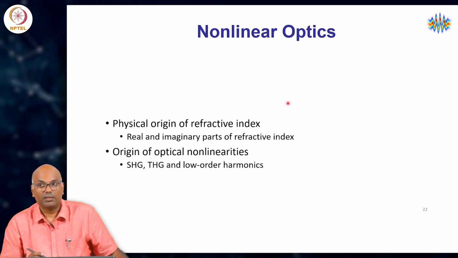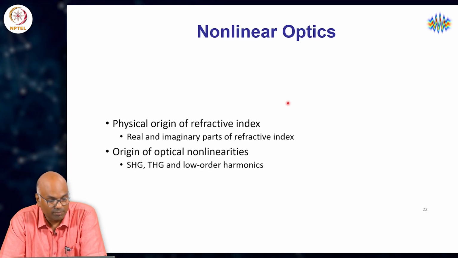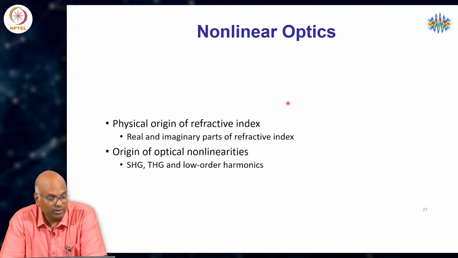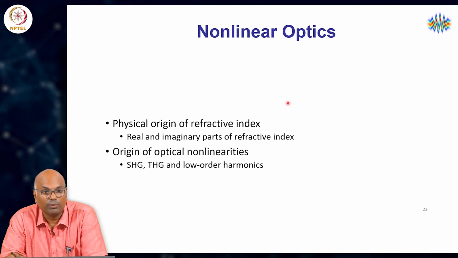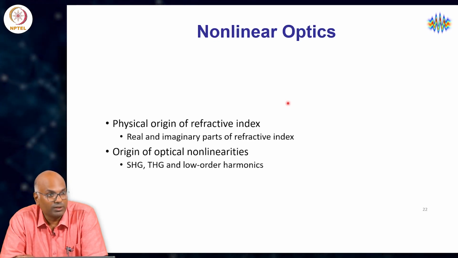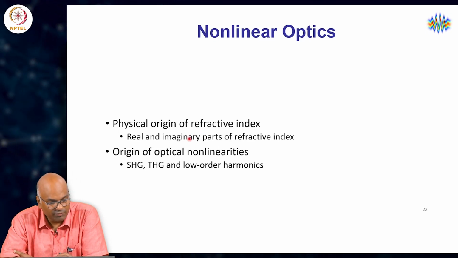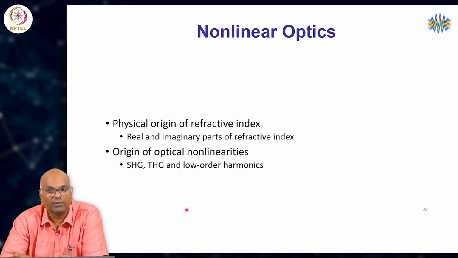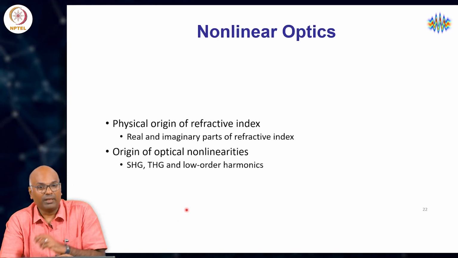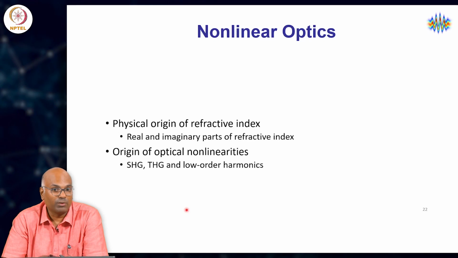This sets us on to nonlinear optics. So, to say what is nonlinear optics and what we are going to cover in this section of the course, as I said, in a nutshell, we will look into the physical origin of refractive index, something that high schoolers start to get introduced to.